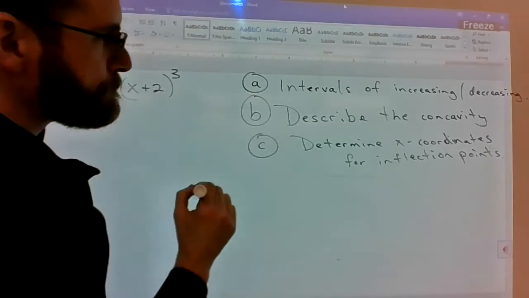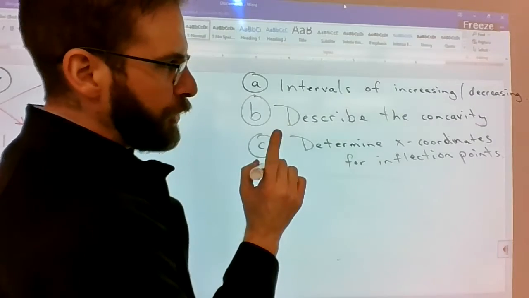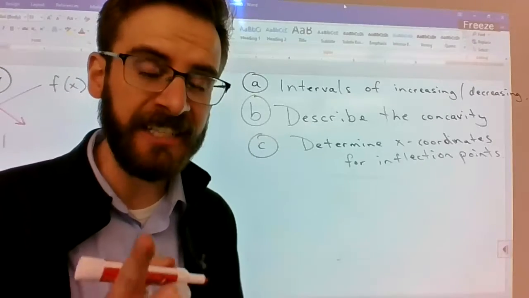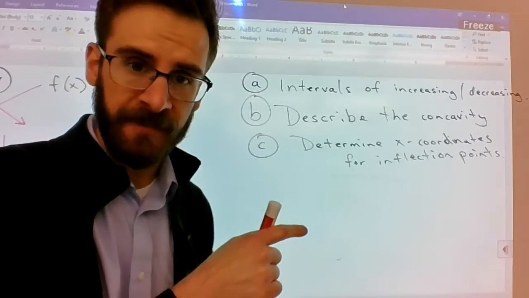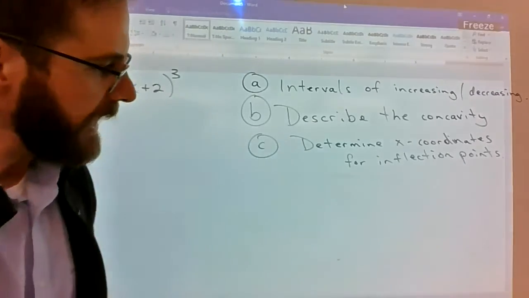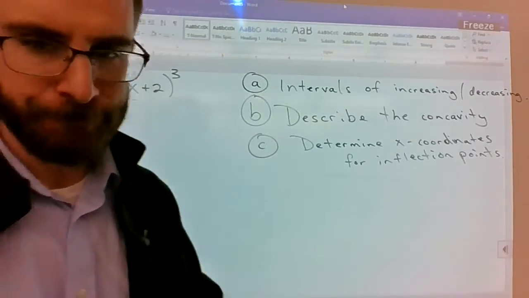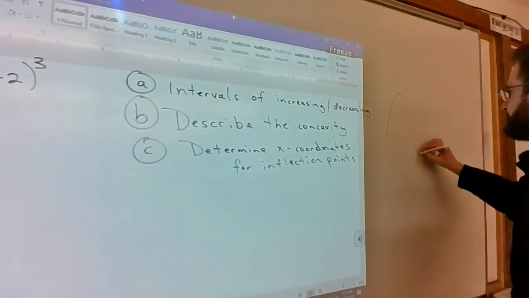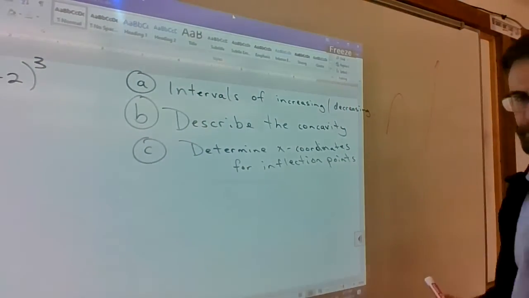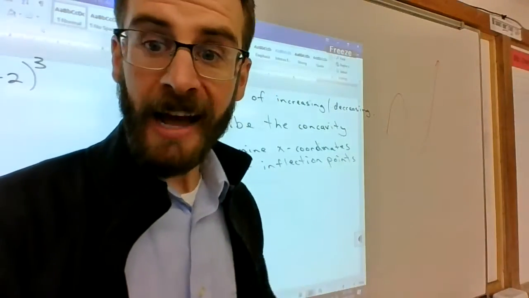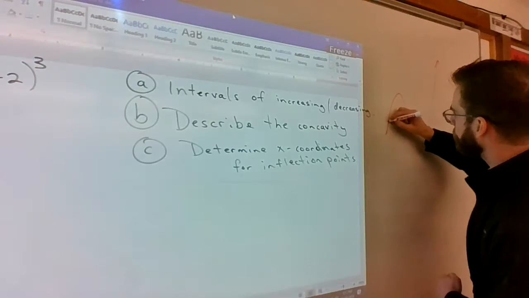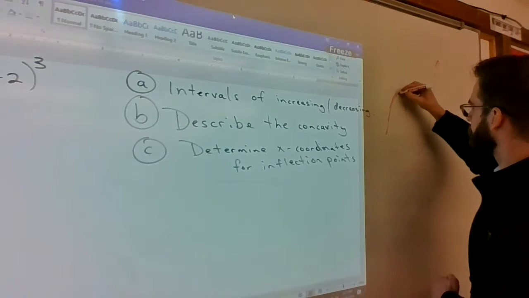Now, if you recall, the derivative is basically the slope of the tangent line of a function at a specific spot. So, if you've got a function that looks like this, we can talk about how the slopes of the tangent lines are all positive as you move this way, right?